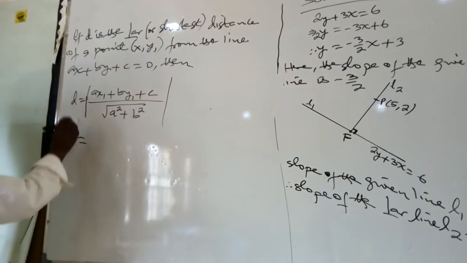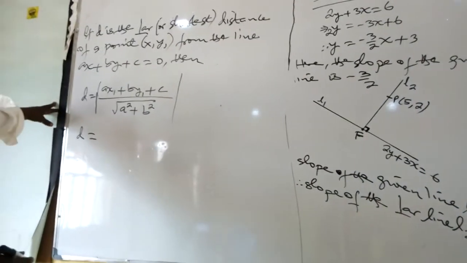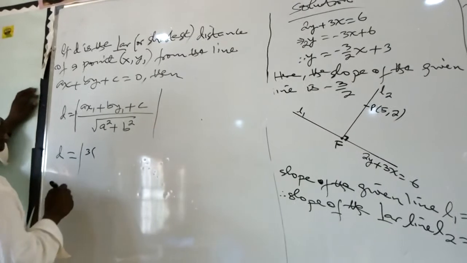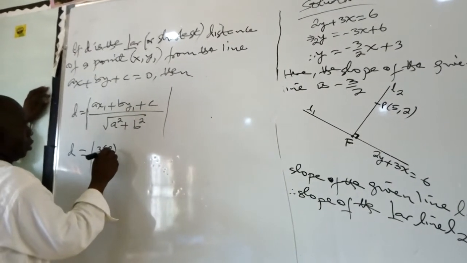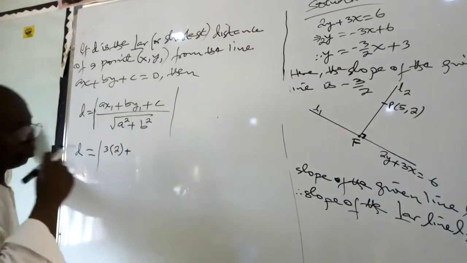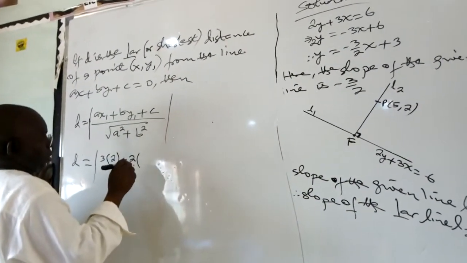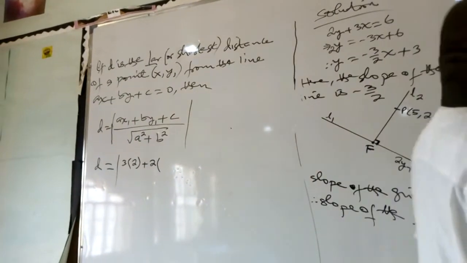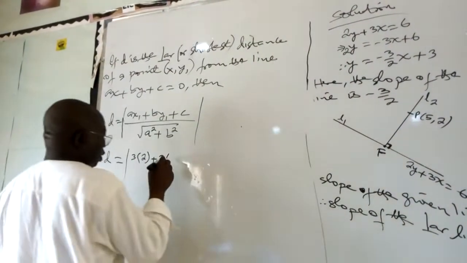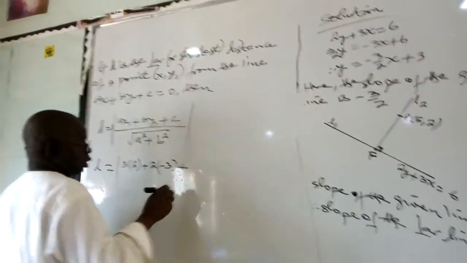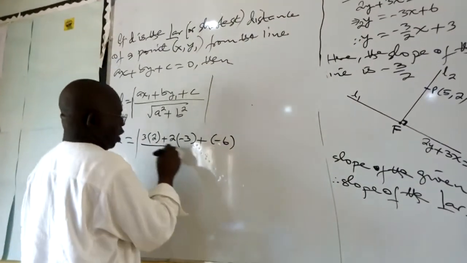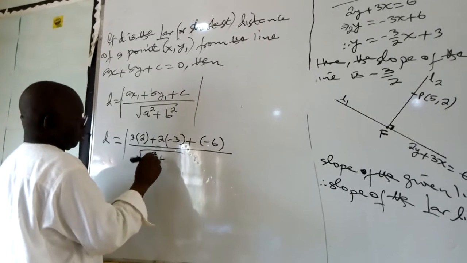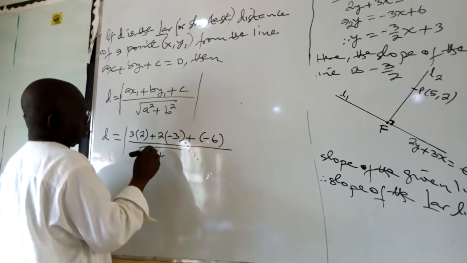So a in this case is 3, times x1. x1 is 2, plus b, which is 2, times y1. y1 is minus 3, plus c. c is minus 6, over the root of a squared, 3 squared, plus b squared, 2 squared.